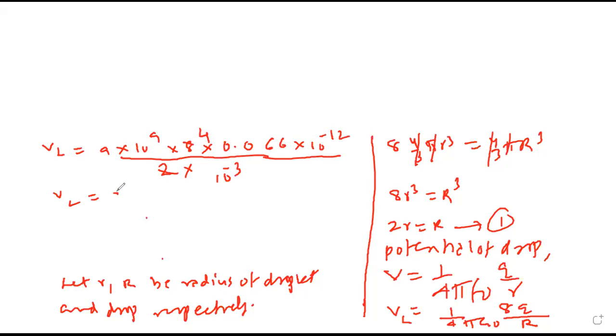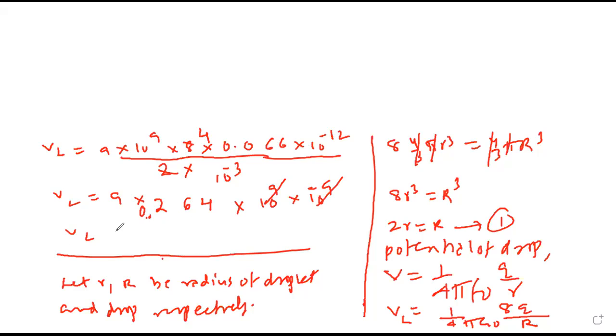So V larger is 9 into 4 into 6, 24, 24 and 2, 26. Carry through. 10 raised to 9 and 10 raised to minus 9 will get cancelled.